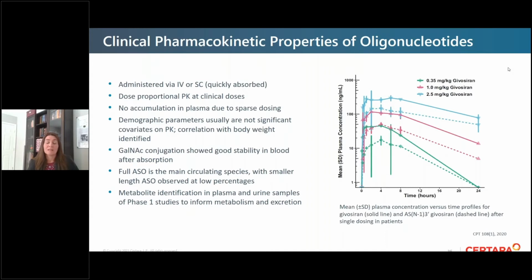Some of these metabolites can be active and can contribute to the pharmacology. So understanding the amount present is important in plasma, as well as looking at urine, because these molecules are excreted in urine. And then understanding the contribution of urine clearance is important to help you decide later on if a renal impairment study is necessary.